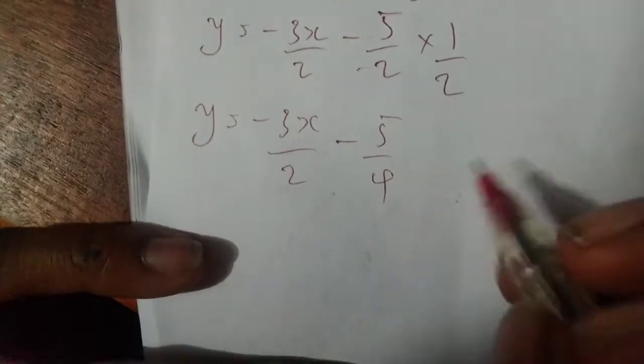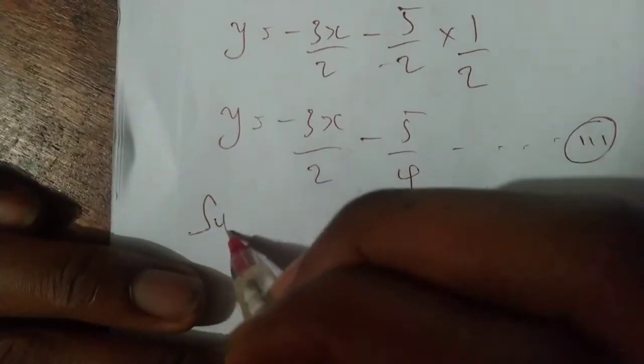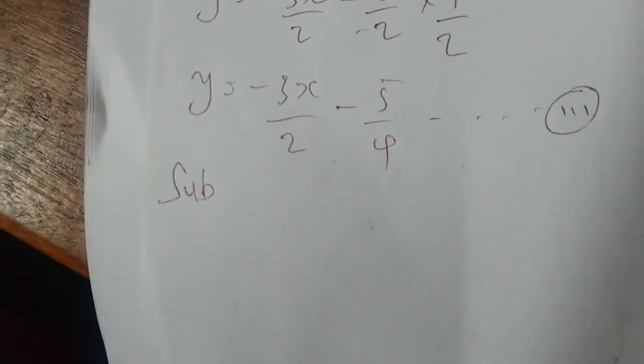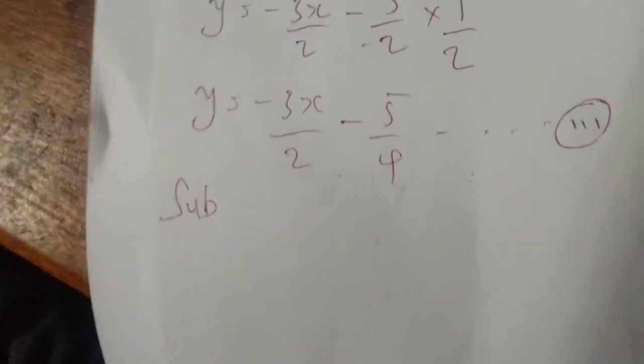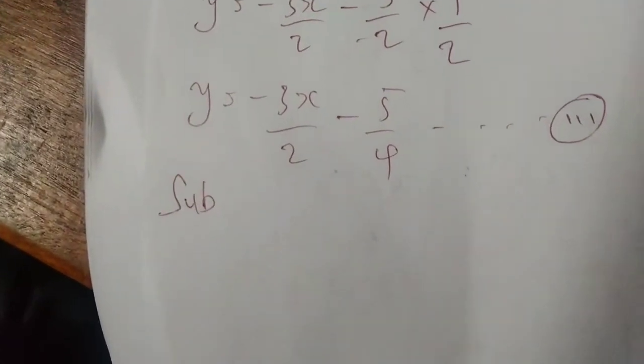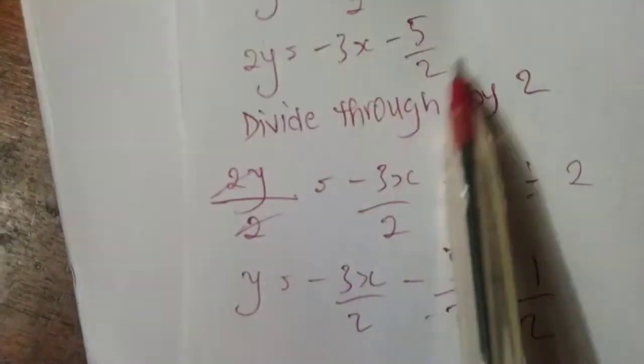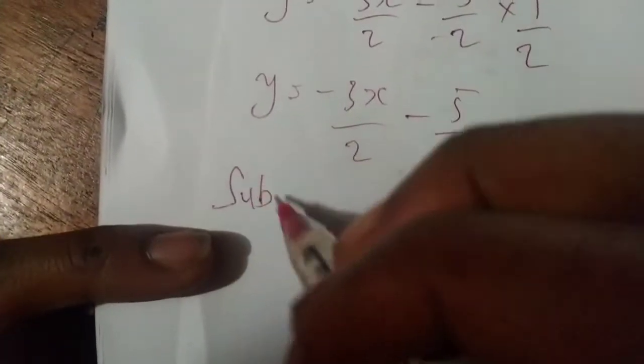So this can be equation 3. So what we do is we substitute. You can use the elimination method, you can use substitution, you can use any method of solving simultaneous equations, but me, I just love using the substitution method. So that's what I'm using. If you want to use the elimination method, you should have used it from this point, but I love the substitution method.